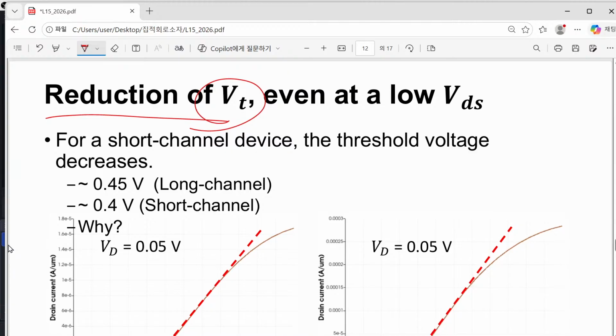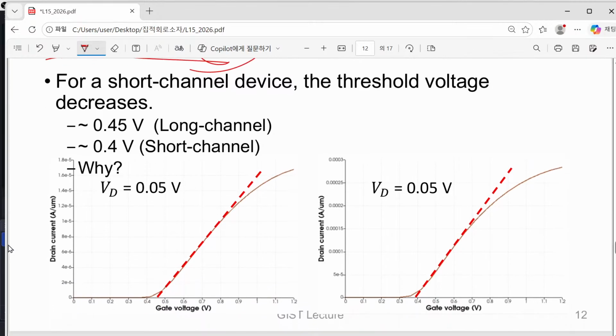So please have a look at this graph. Here, I have prepared 2 different devices, taken from 1 micrometer long and 50 nanometer long devices. This is corresponding to 1 micrometer, and this is corresponding to 50 nanometer.